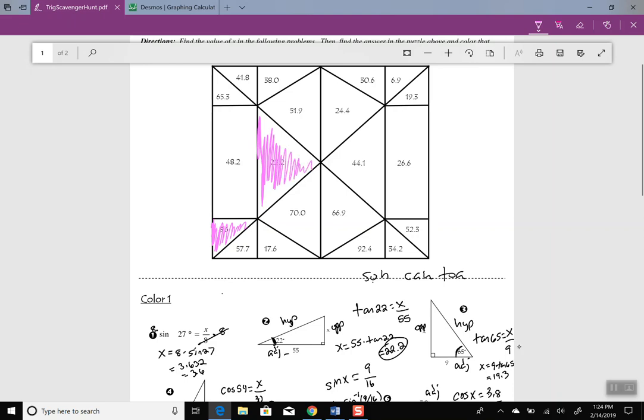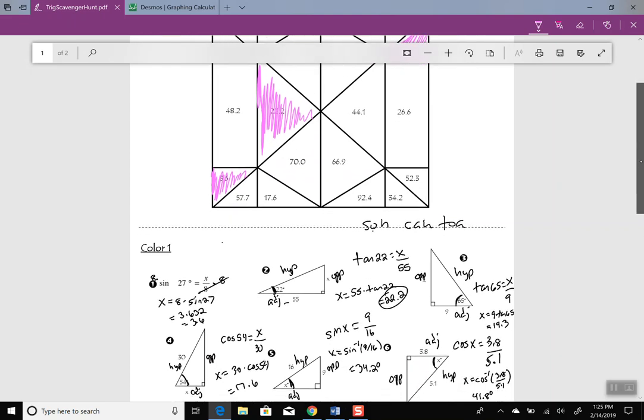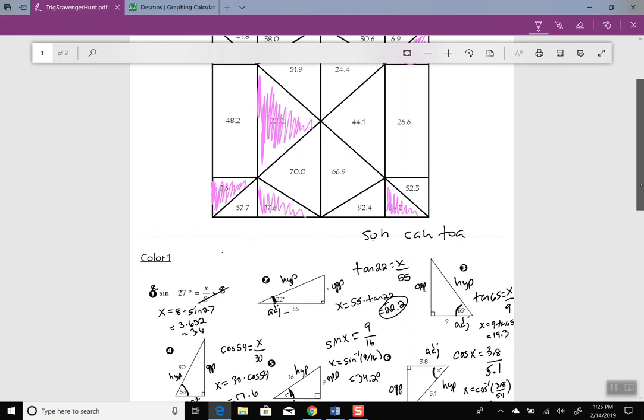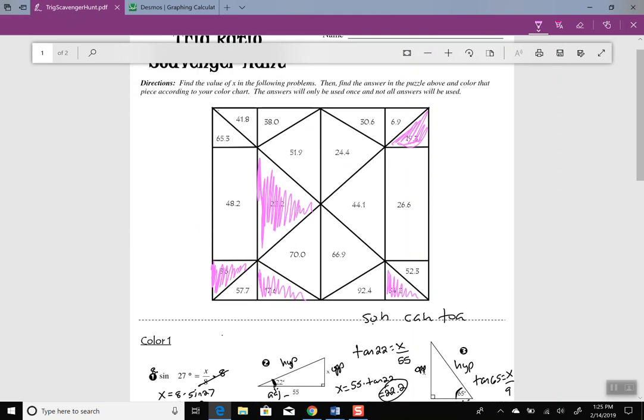Number 3, 19.3, right here. 17.6 right here. 34.2 right here. And 41.8 right here. So those squares should have the same color.